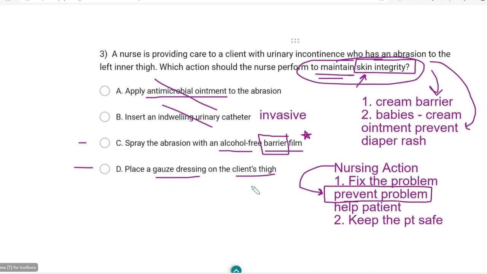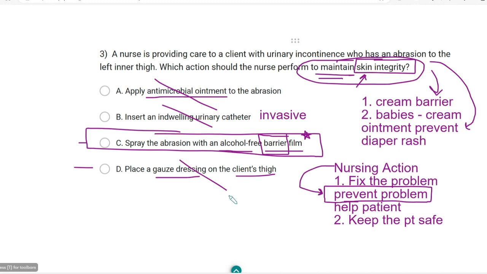What's the first thing you need to think of doing? We're going to apply the alcohol-free barrier film. All right. So we eliminate D because it's doing a little bit more. We're putting a dressing. The dressing is going to get wet. It's going to hold moisture, whereas the barrier film prevents moisture from getting on the abrasion or on the skin. So that's really what we want.